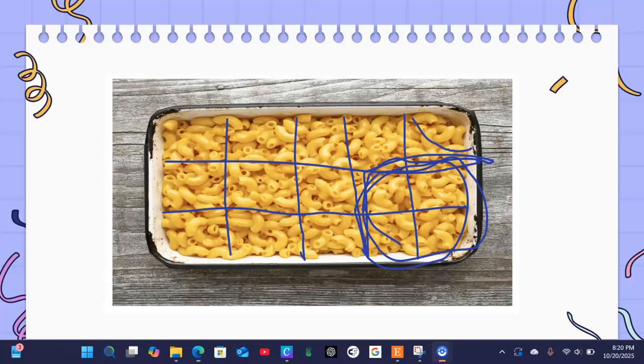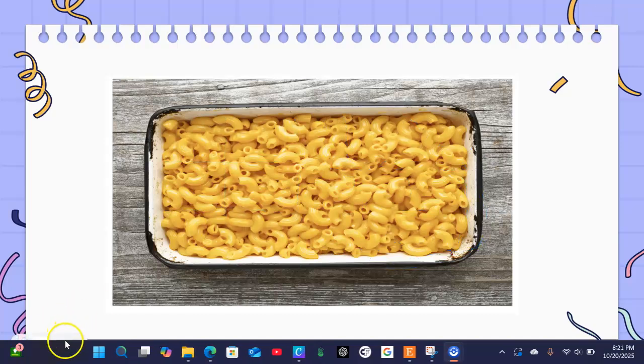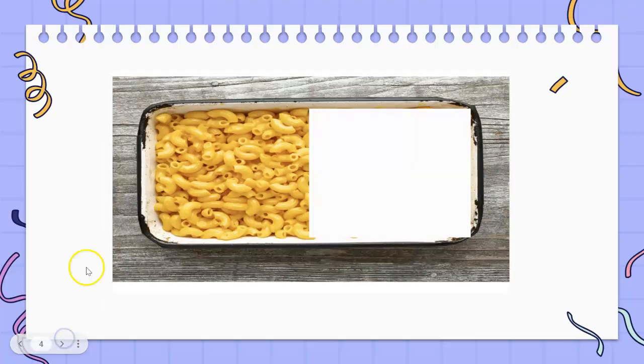So here again, you're starting with the mindset that whenever you are making mac and cheese, you are baking a full pan of mac and cheese. So when we do this, everything from the pan is going to be portioned. It's going to be cut into pieces. All right, so now let's look at our first slide here.